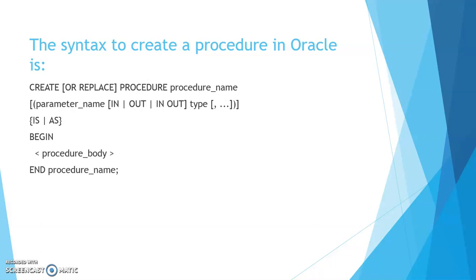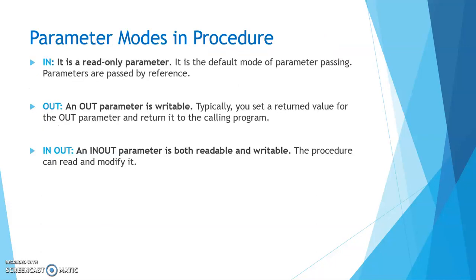Now, let's understand parameter modes in a procedure. Based on their purpose, parameters are classified as IN parameter, OUT parameter, and IN OUT parameter. The IN parameter is a read-only parameter. It is the default mode of parameter passing. Parameters are passed by reference. This parameter is used for giving input to subprograms.